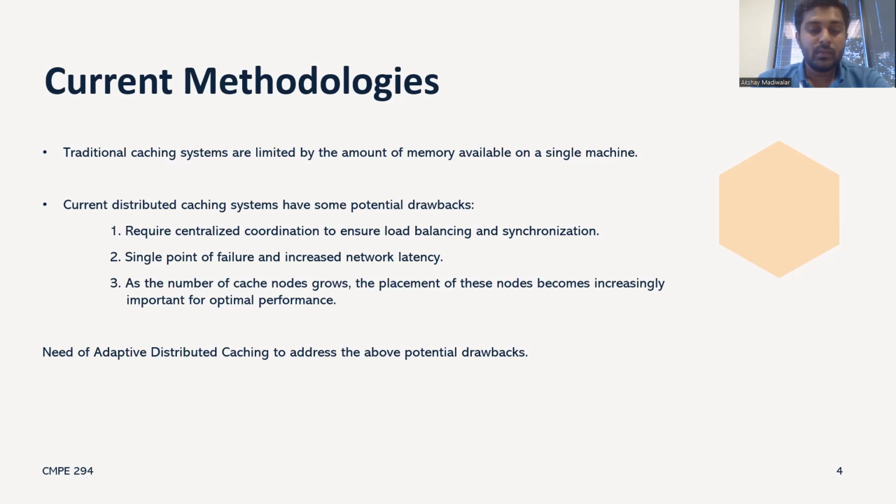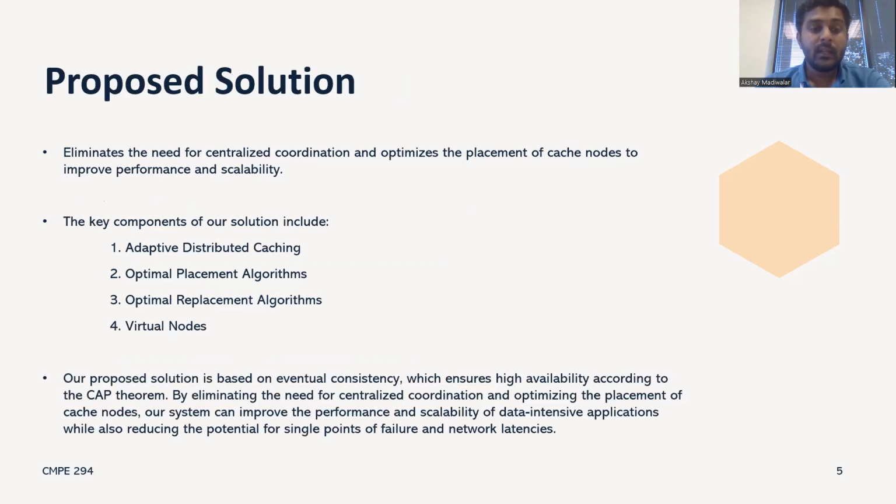To address these issues, we propose a strategy for adaptive distributed caching that eliminates the need for centralized coordination, optimizes the placement of these multiple cache nodes, and uses optimal placement and replacement algorithms for data objects. So our proposed solution is an adaptive distributed caching system that eliminates the need for a central server and optimizes the placement of cache nodes to improve performance and scalability.